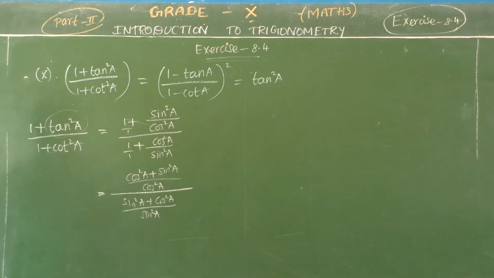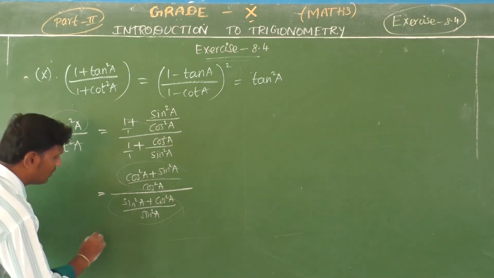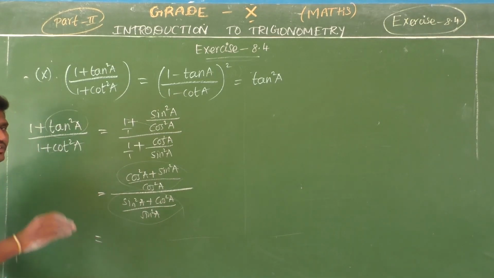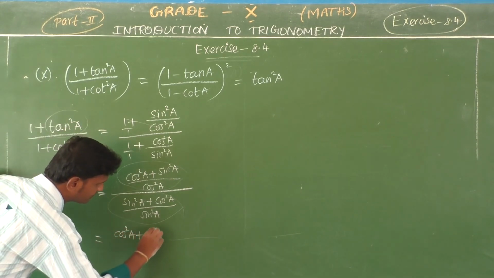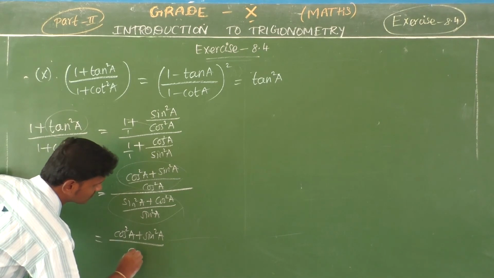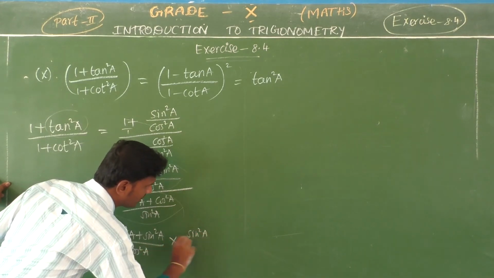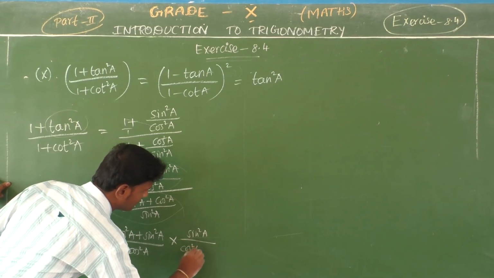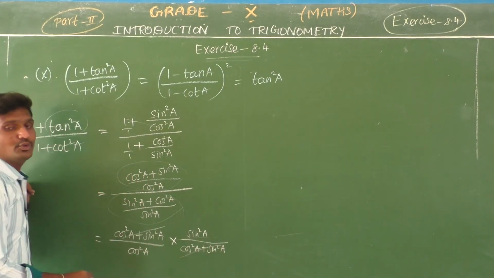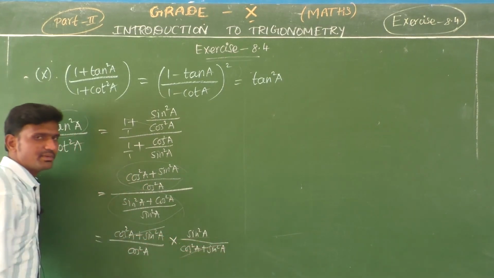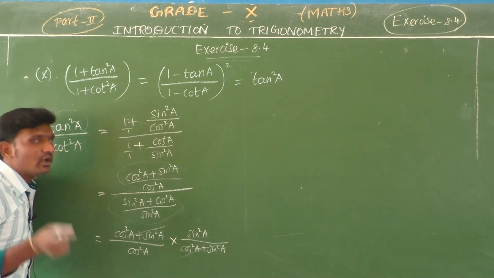Okay. Now you have a numerator with one fraction and a denominator also with one fraction. Now I am going to take the reciprocal of the denominator, that is cos square A plus sin square A, the whole divided by cos square A, into sin square A by cos square A plus sin square A. Or otherwise you cancel cos square A plus sin square A. Otherwise, already you know the formula, sin square A plus cos square A equal to 1.